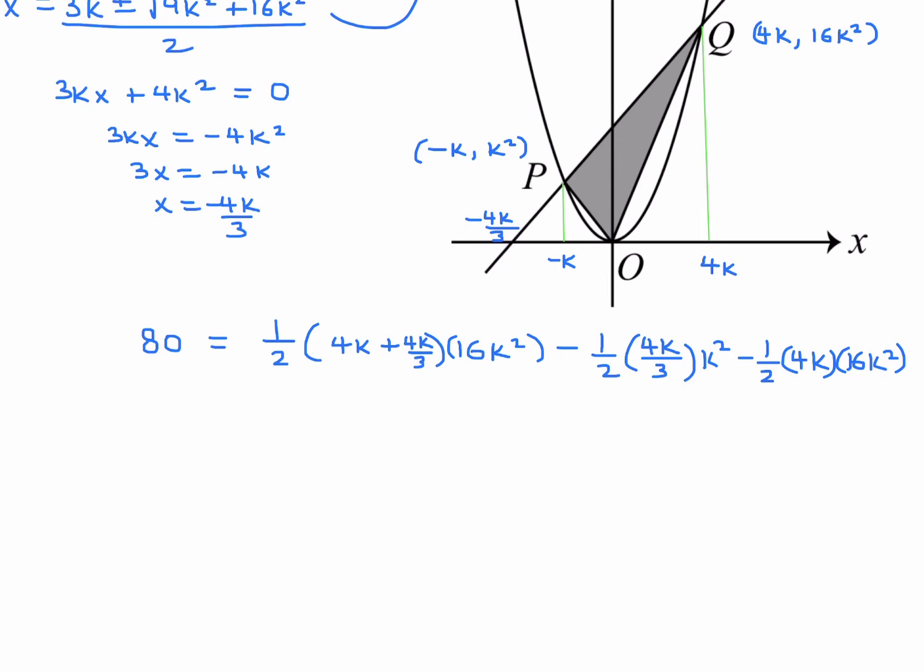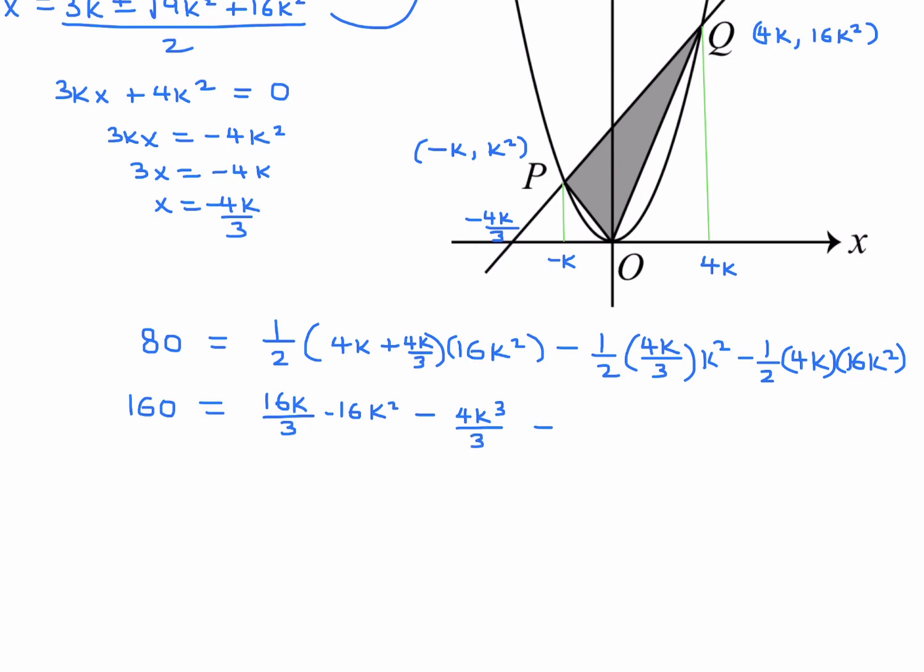All right, so let's get rid of some fractions. Let's multiply through by 2. And then once I do that, let's add some of these fractions. So 4k plus 4k over 3, that's going to be 16k over 3. And then I've got to multiply that by 16k squared. This is 4k to the power of 3 over 3.